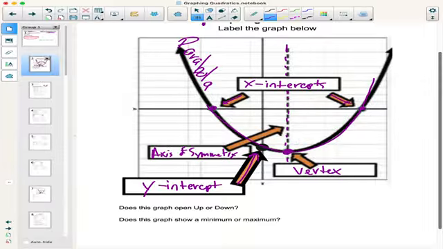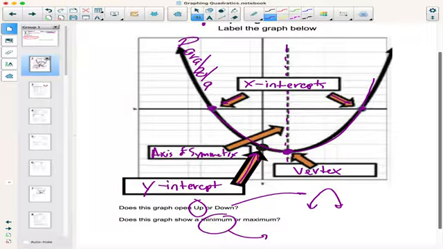A couple questions at the bottom. Does this graph open up or down? It opens up, okay? That's what opening up looks like. Opening down would look like this, okay? Does this graph show a minimum or maximum? This graph shows a minimum, okay? You look at the vertex for that. You can see here's our vertex, right? It's the bottom of the graph, okay?